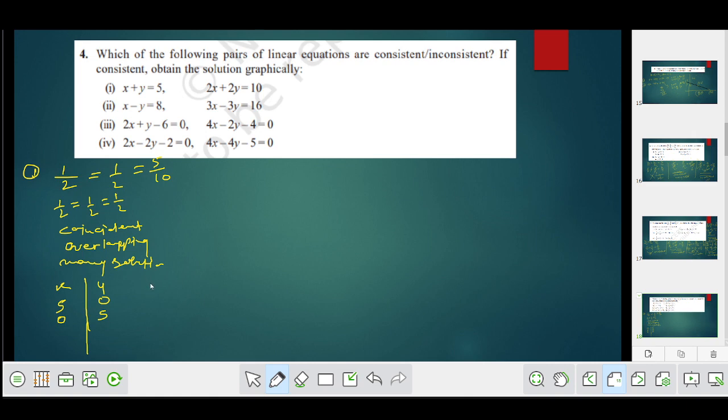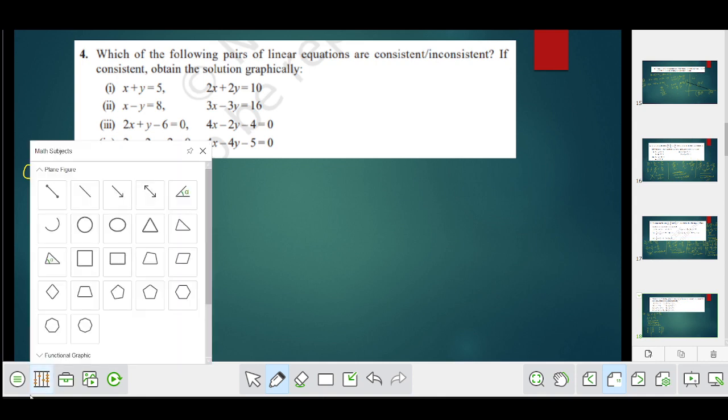Then for the second equation, if we put y equal to 0, we get x equal to 5. Just because this is coincident, the line will be the same, the points will be the same. Clear? Now we should draw the lines.